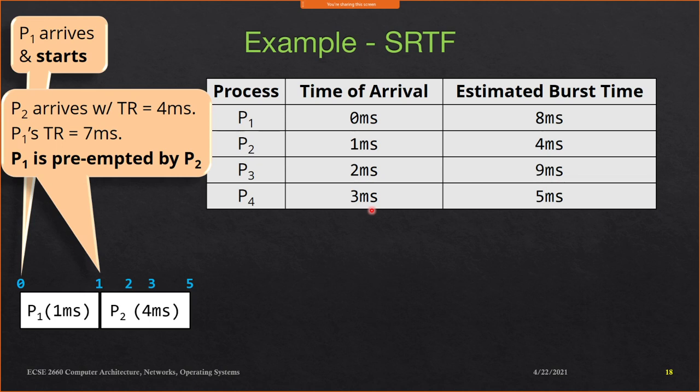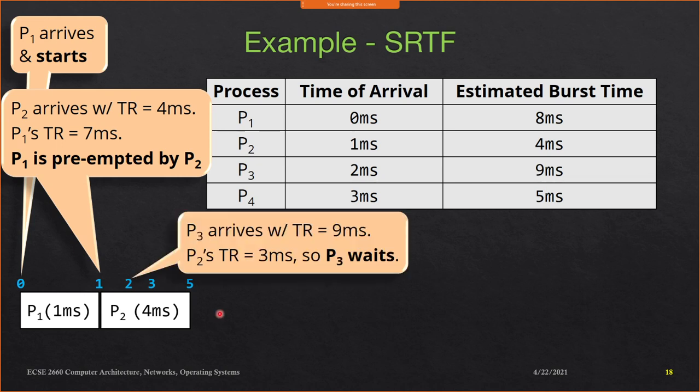So P2 was the shortest remaining time, which essentially means that whenever P4 came in, P2 was still the process with the least time remaining. So it got to use the CPU from 1 millisecond to 5 milliseconds, at which time it is going to be able to complete.